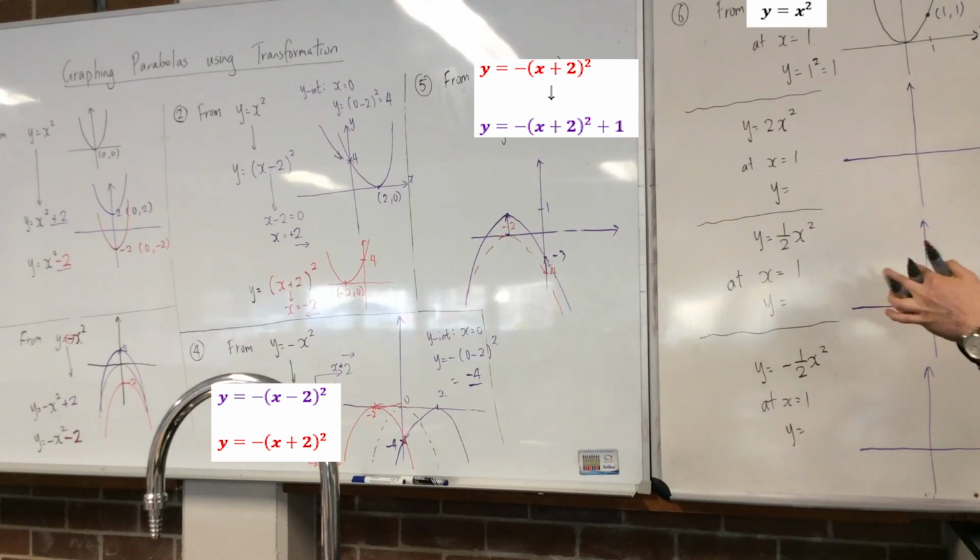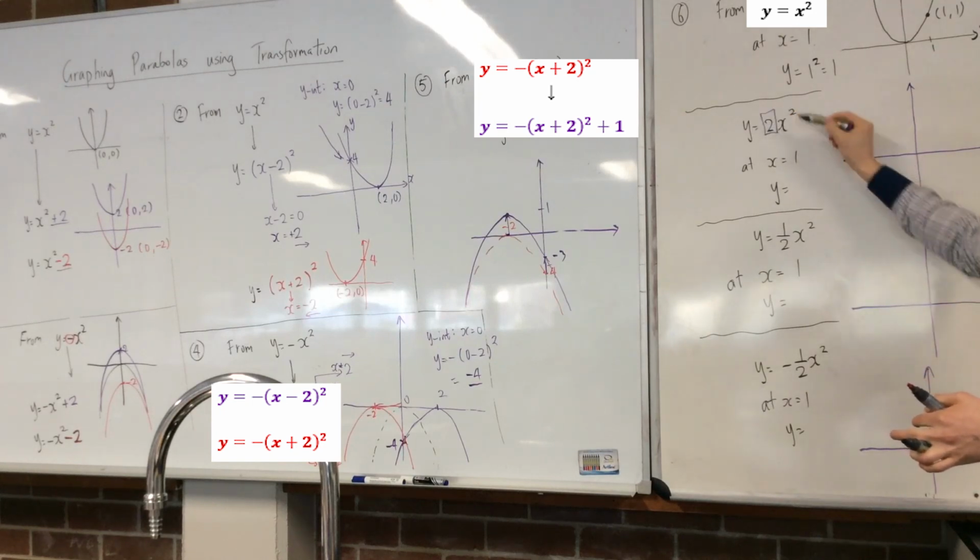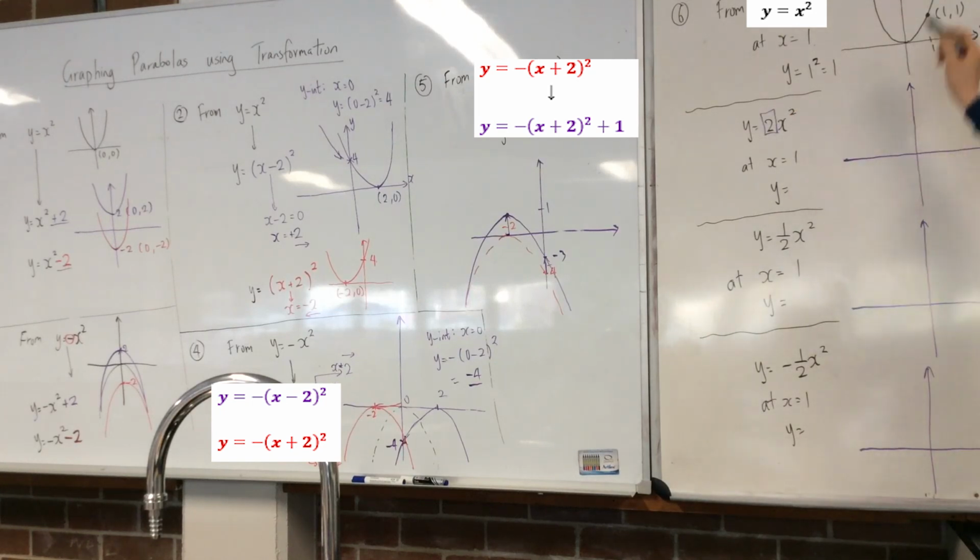Because, girls, as the number in front of x squared gets bigger, the narrower the graph actually looks. So roughly, it's going to look like this. But we can't just draw a narrow graph and say that's my answer. You need to show some details. The detail that you show to indicate how narrow it has become is by putting a coordinate like I did there.